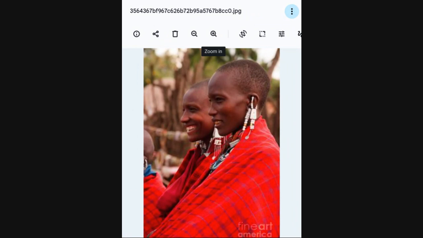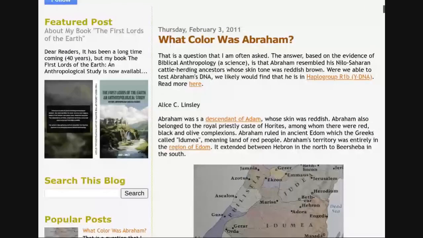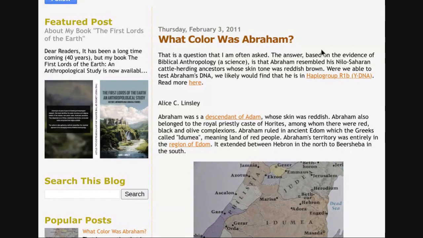For some reason, on this Chromebook, it doesn't give an accurate color. But anyways, I digress. It says here that red complexion, the Greeks called Idumea, meaning land of the red people.